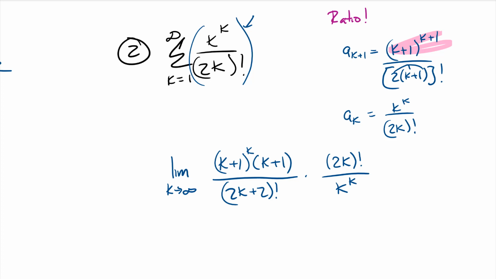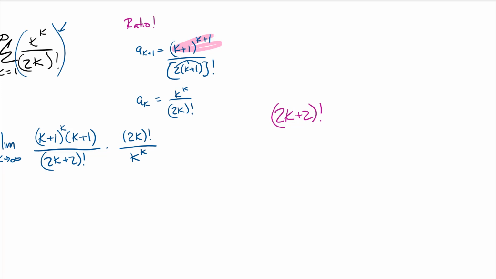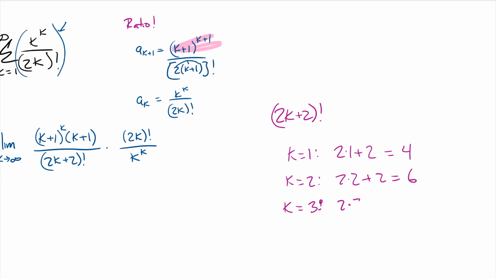What could we do here? Well, here comes the weird. Let's take 2k plus 2 factorial and see what this turns out to be. I'm going to need to do a little bit of work here. When k is equal to 1, you get 2 times 1 plus 2, which is 4. When k is equal to 2, we get 2 times 2 plus 2, which is 6. When k is 3, we get 2 times 3 plus 2, which is 8.